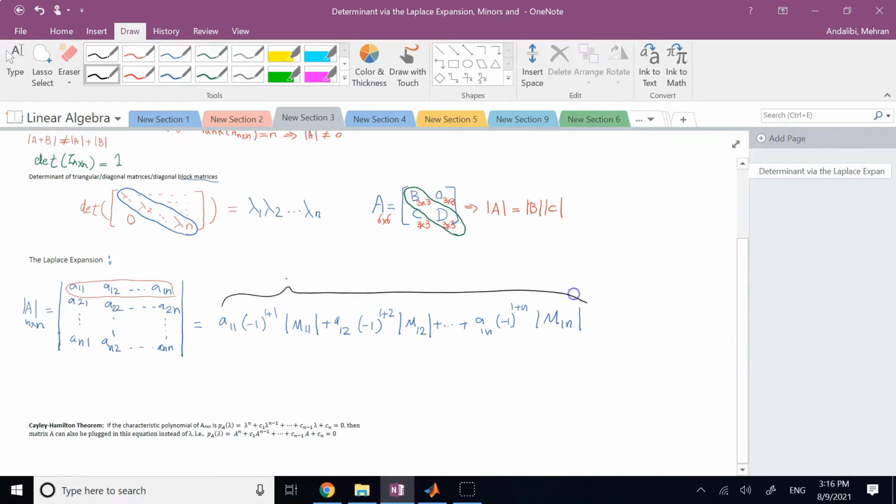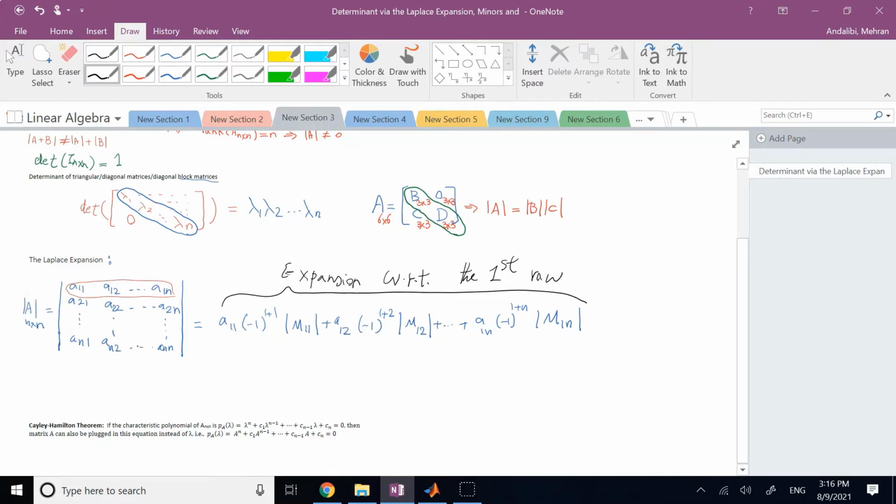So this is called, for example, expansion with respect to the first row. Can I expand it with respect to other rows or other columns? Yes, I'll show you all of them.